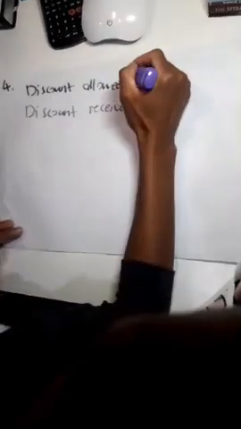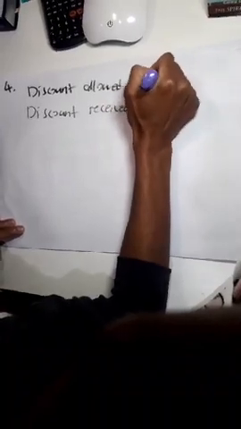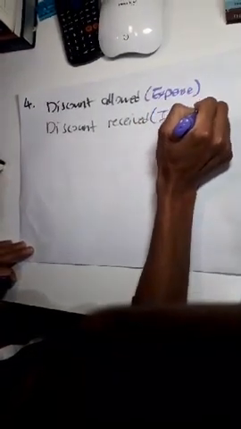So it means for us, it's going to be an expense because we are losing, right? But now if it's us paying the supplier and then we receive a discount, it means it's an income to us. And you know that your income and expenses go to which statement? Statement of profit or loss, right?